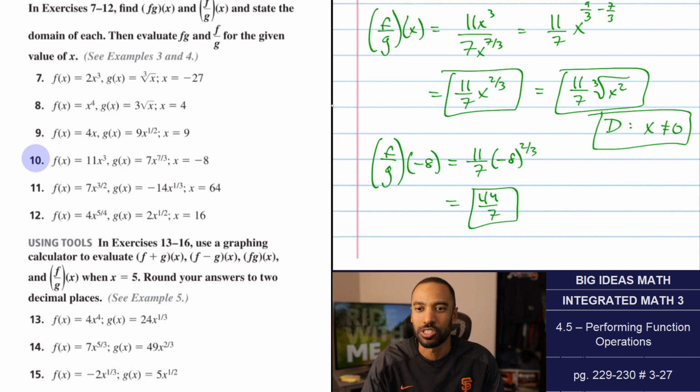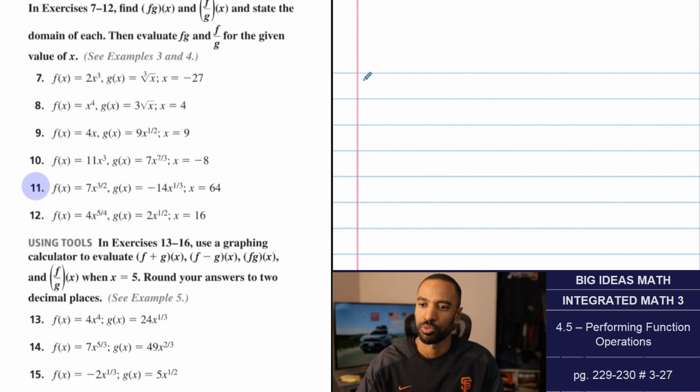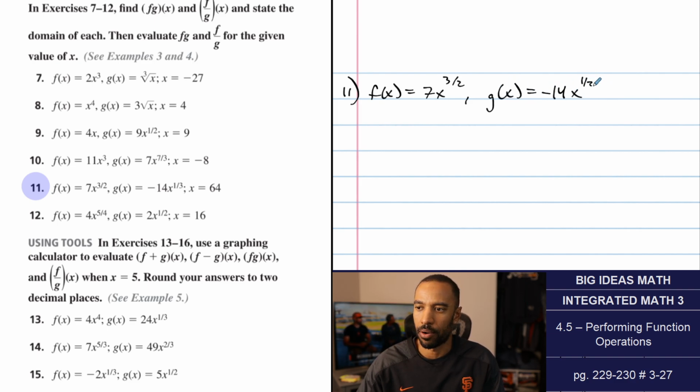All right, let's go to number 11. f of x equals 7x to the 3/2 power. g of x equals -14x to the 1/3 power. Ooh, different denominators.